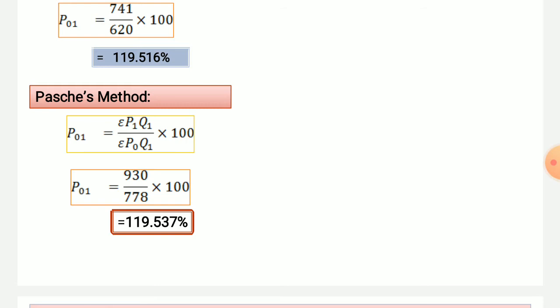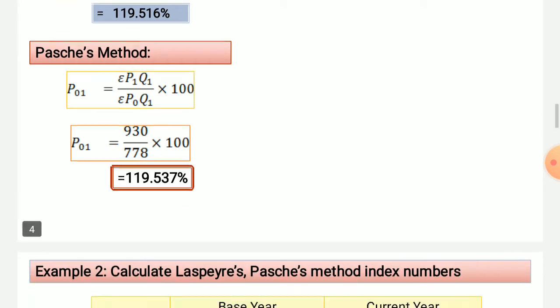So 930 into 100 means 93,000 divided by 778. Then it gives us 119.537%. This means the prices of all the commodities have increased by 19.537% in the current year when compared to the base year.